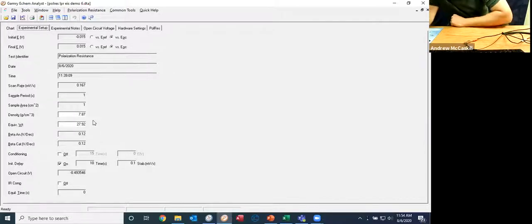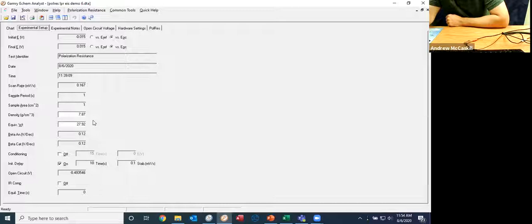Something else, since you brought it up, a good point: if you have an alloy composed of different materials, when you run experiments like this, you really have to think about what is actually corroding. Is it the aluminum in it? Is it titanium? Is it something else? That's something to take a lot of consideration in.